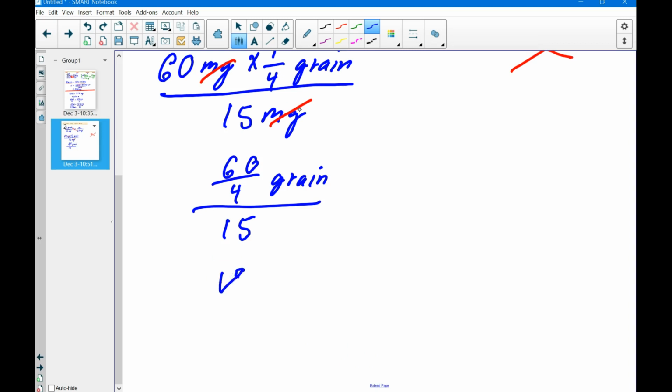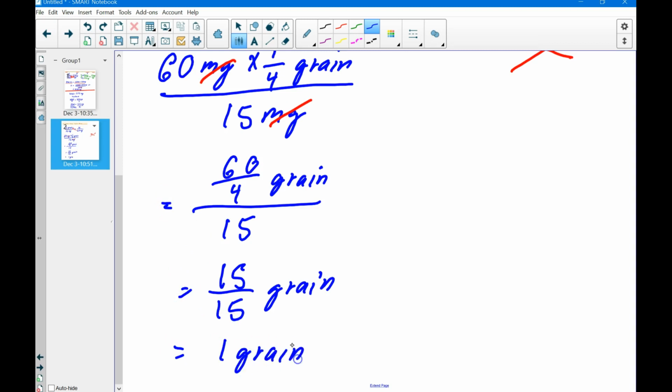So I have 15 over 15, which equals 1. Nice.